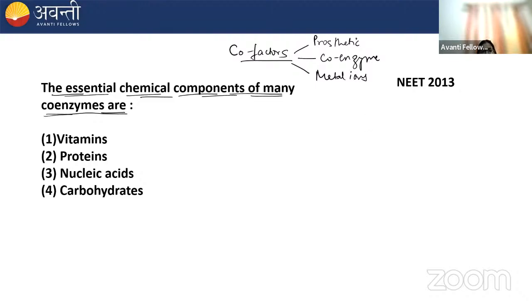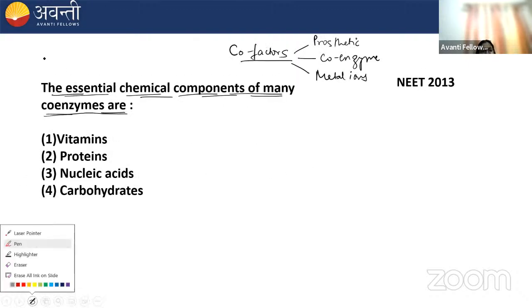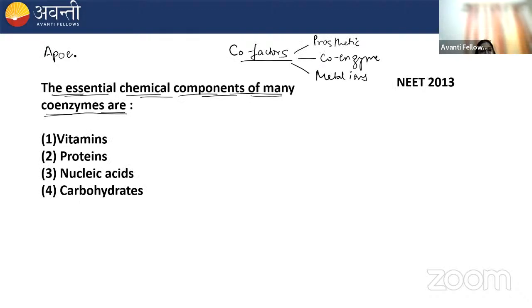Swinell says B, protein. Okay. Swinell, do you remember that I told you that the cofactor is the non-protein part and the apoenzyme is the protein part? The conjugate enzyme consists of two parts: the apoenzyme, which is the protein part, plus the cofactor, which is the non-protein part.